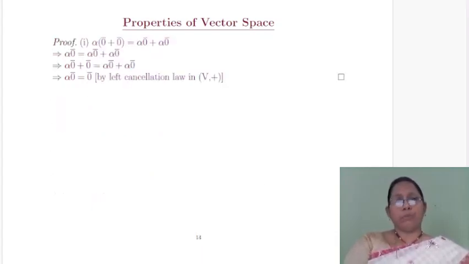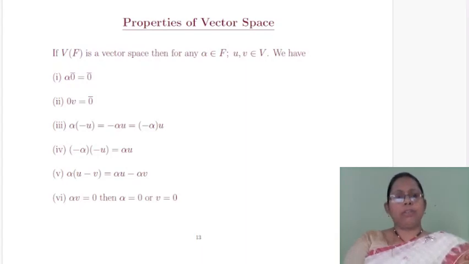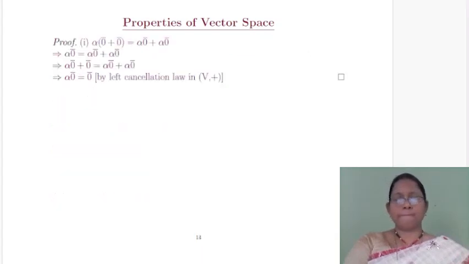Now come to the proof. Here we have taken the left hand side of the first property, that is alpha times the 0 vector. Alpha 0 can be written as alpha times (0 vector plus 0 vector).